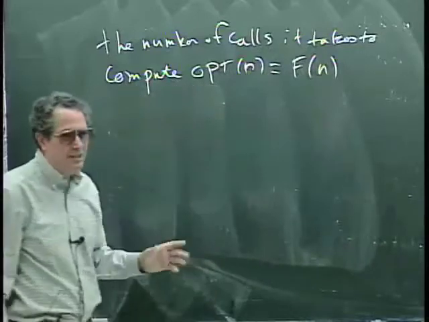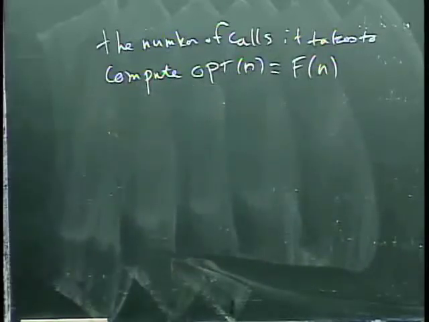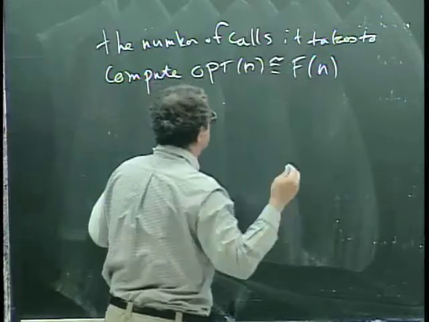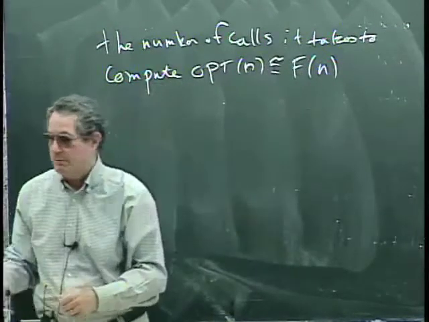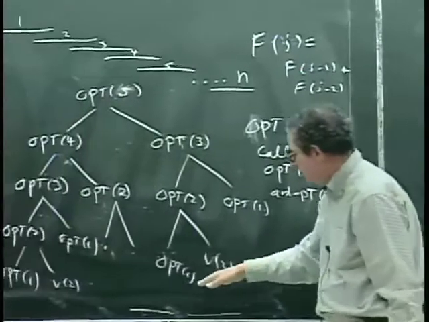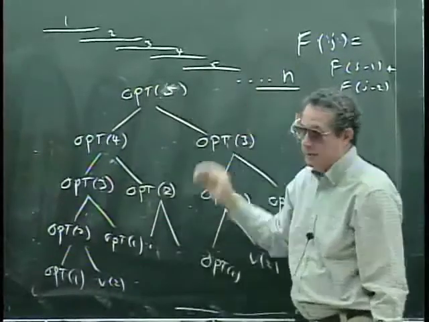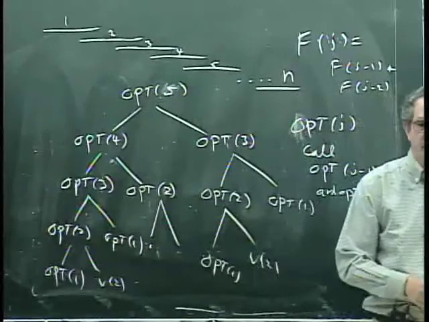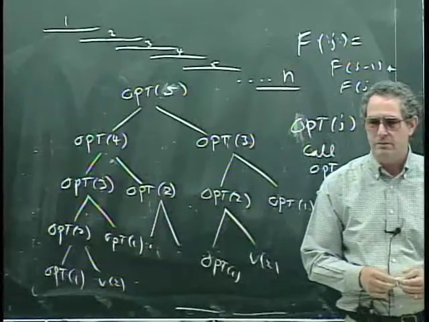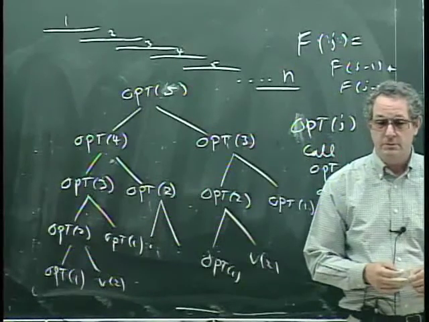Or I may be off by the base case or something, but essentially it's growing like the Fibonacci number. I'll just put a little twiddle here to say that it's essentially the Fibonacci number. The only reason it would be different is that down at the base it behaves a little differently. What is Fibonacci of 1? Is that 1 or 0? It's 1.